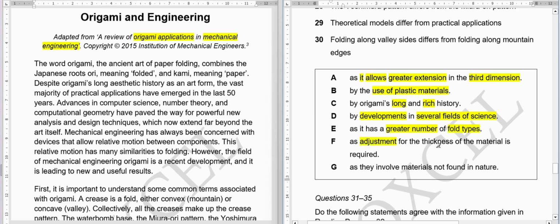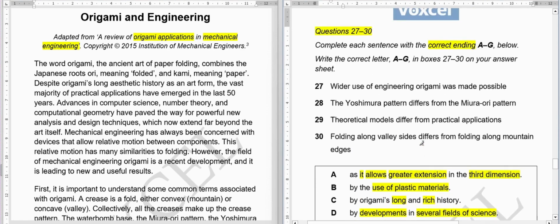So we can adjust according to the thickness of the material that we require. As they involve materials not found in nature, so it involves those materials that are not found in nature. So these materials are something unique, you can say. Okay, now we're going to read the paragraph, then we will see if any question is here or not.